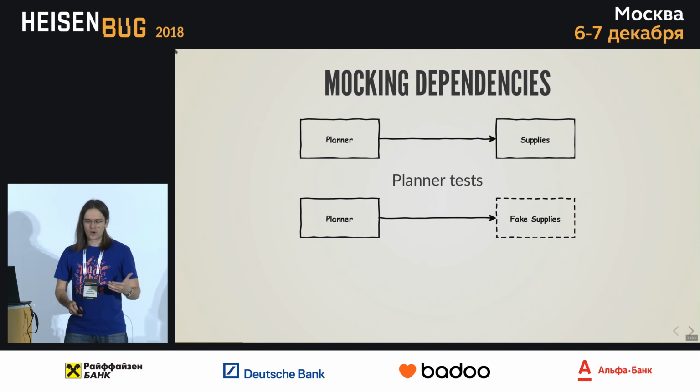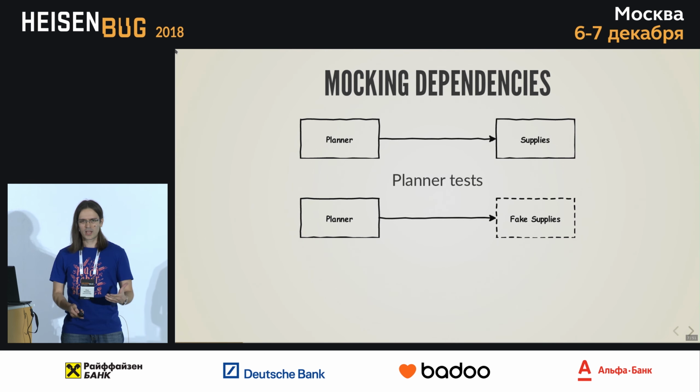Say I'm on the planner team. When I write my tests, I substitute the real supply system with a much simplified system that I control. So my planner application will call the other system, get some prefabricated answer, and then I will know if my system can handle it or not.